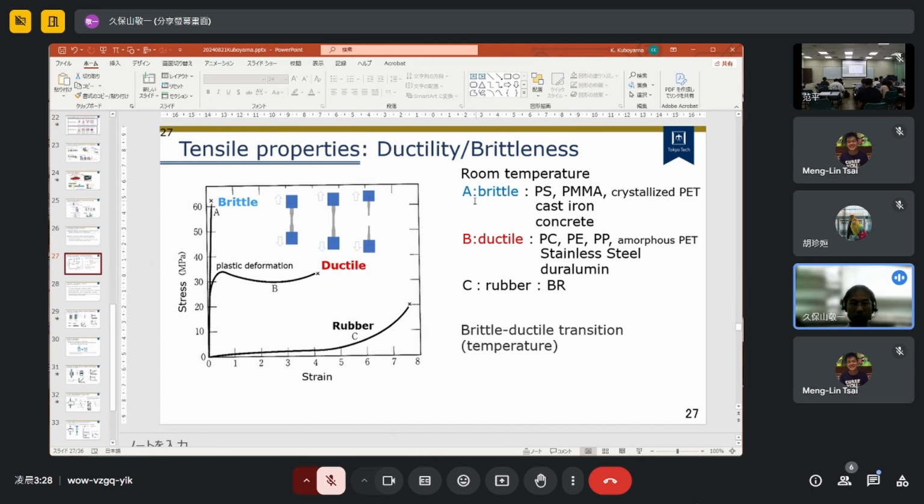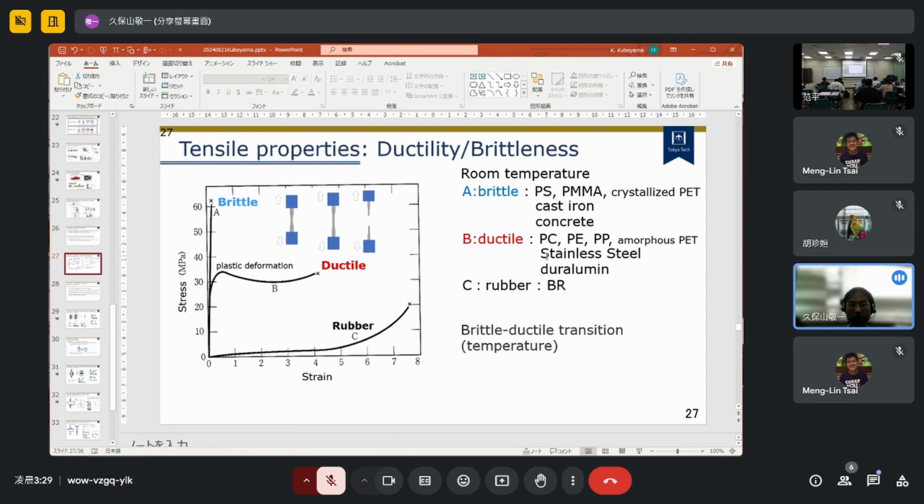If the polymer is brittle, at lower strain the stress becomes higher and it breaks. But in some cases, for example polyethylene, it is ductile. So you apply strain, the stress becomes higher, but around a certain stress, it can elongate and breaks at a higher strain.